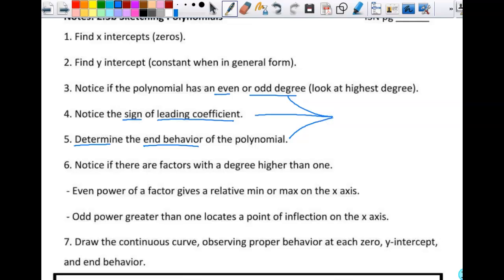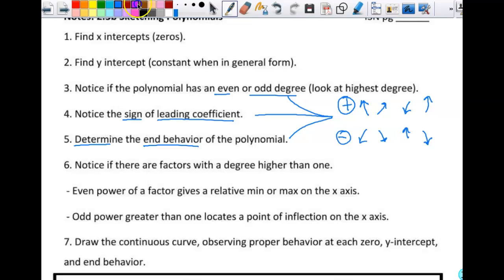If we end up with a positive leading coefficient, my end behavior is either up, up, or down, up, depending on whether or not it's even or odd. And then if it's negative, it's either down, down, or up, down. Again, depending on if it's even or odd, right? That's a big part of what we're trying to do here.